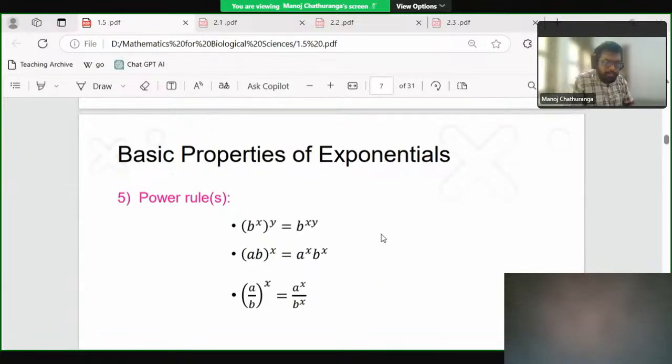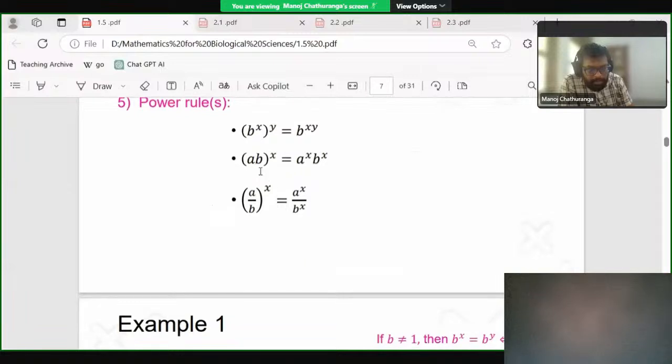And then power rules. Power of a power: b to the power x raised to another power y is b to the power x times y. Then ab to the power x is a to the power x times b to the power x. Whenever you have a rule for multiplication, there is a corresponding rule for division or quotient. Right?